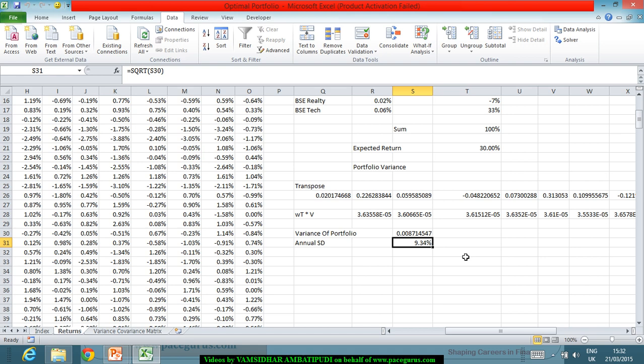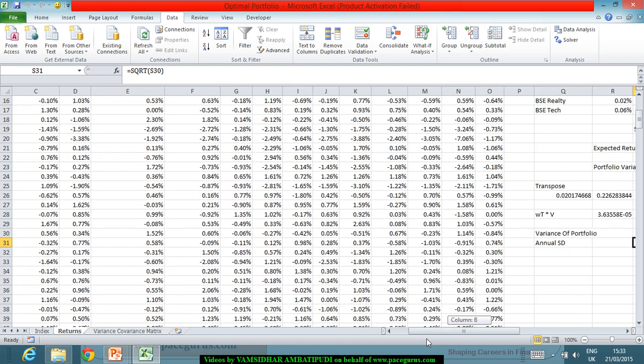So that is the objective behind generation of an optimal portfolio. Along with the conceptual aspect, we are building in the Excel based workout in terms of arriving at the standard deviation as well as the variance computation using the variance covariance matrix, etc.